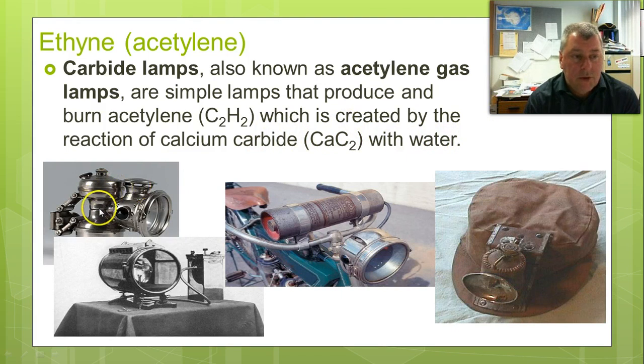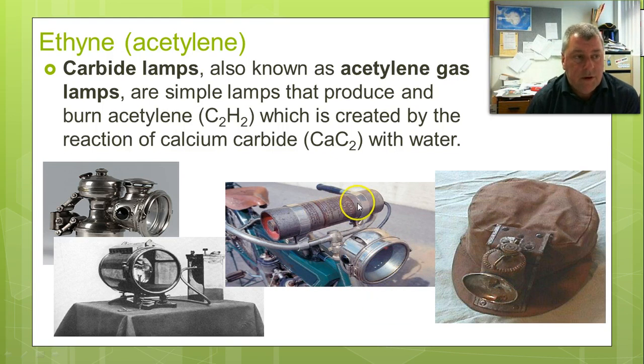What you used to do is put the calcium carbide in this container here, and water used to drip onto it, and the gas was given off, and then that was burnt. And these were used in mines, but clearly there's a few hazards involved in that. The least of which being that if you were a coal miner wearing this hat and you had methane being produced from the coal, the methane would blow up.